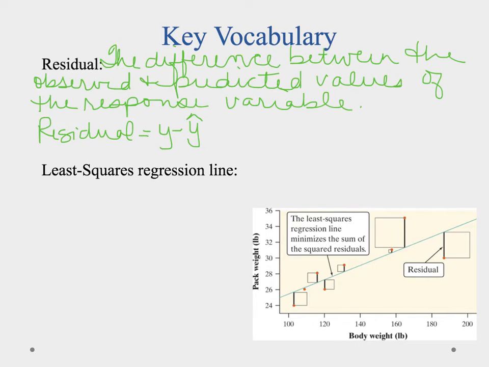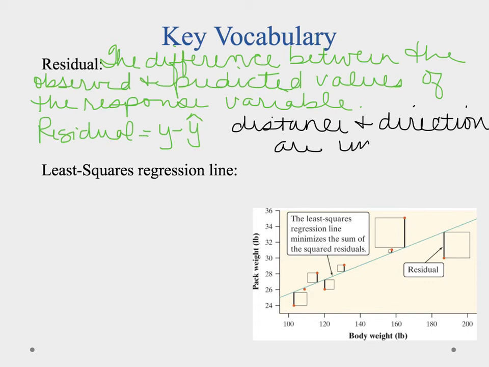Observed minus predicted. Now, distance and direction are really important, because if you get a residual of -15, then you are saying that you are 15 below the predicted line. Likewise, if you get something that's positive, you're saying that you are above the predicted line. Sometimes our data is lower than predicted or higher. So it's very important that in residuals we're telling both the distance from the line and the direction.